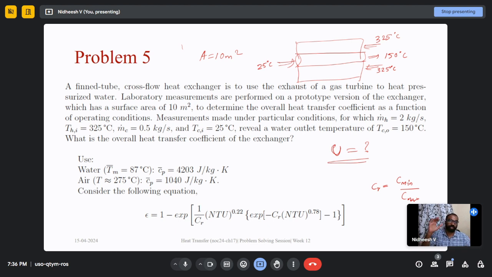There is a heat exchanger with the water getting heated by using a hot exhaust gas as a cross flow. Oh, this is not counter flow, this is cross flow. Sorry.